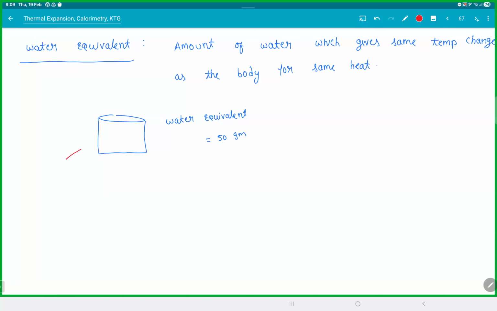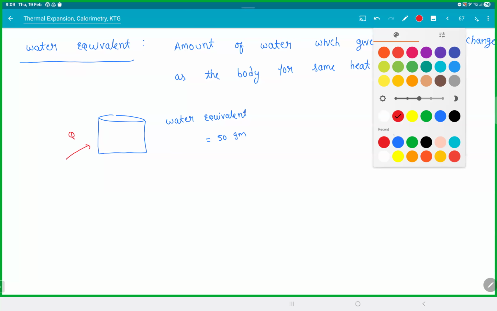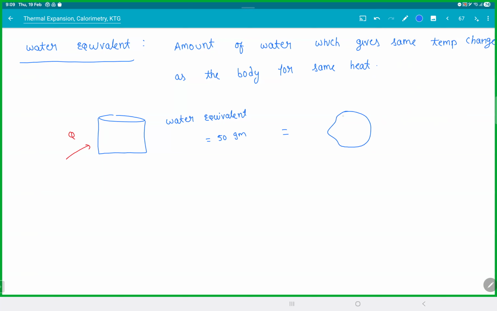The meaning of this is, if you replace this container with 50 grams of water and give heat Q to that water, you will observe the same temperature difference. So it is a way of converting a container in terms of water. Again, this also has to do with the lab thing. So let me show you an example.